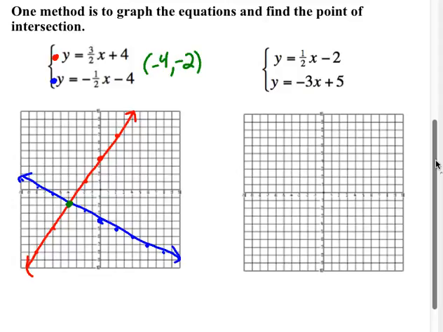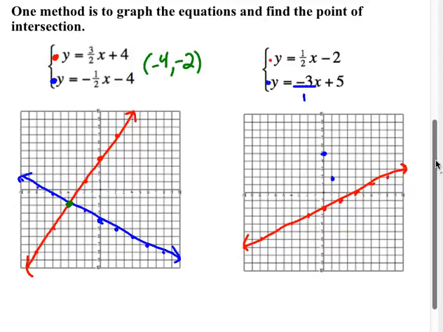That's the x and y that is true for these equations. And of course, I can do that for the next one as well. To graph the first one, start at the y-intercept of -2, and then a slope of 1/2, up 1 over 2, up 1 over 2, and so on. I'm going to do this in reverse also. I want as many points as possible to keep this as straight as possible. My second one starts at 5, with a slope of -3, so that's 3 over 1.